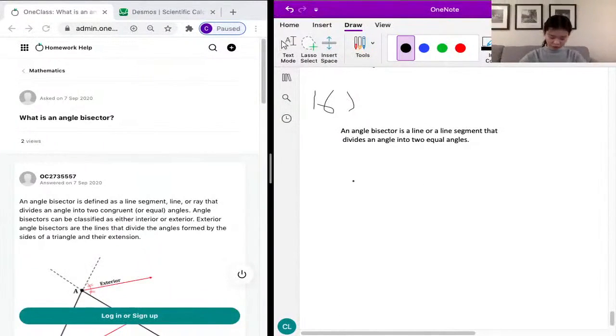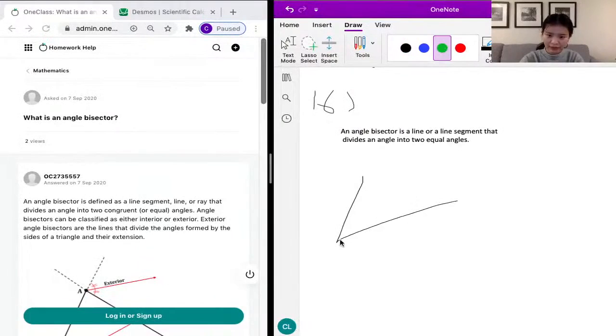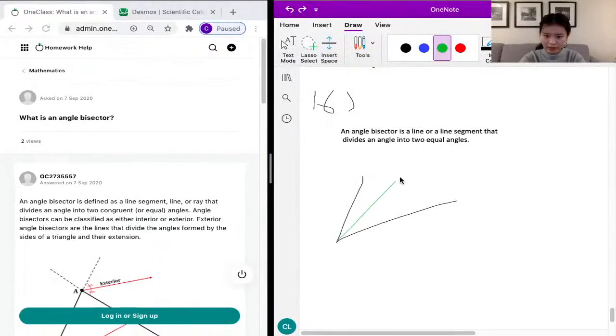I'm just going to illustrate an example or a picture example so that you can see it more clearly. Okay, so say this is an angle bisector, it just divides this angle into two equal parts. Let me draw it again so it's better.